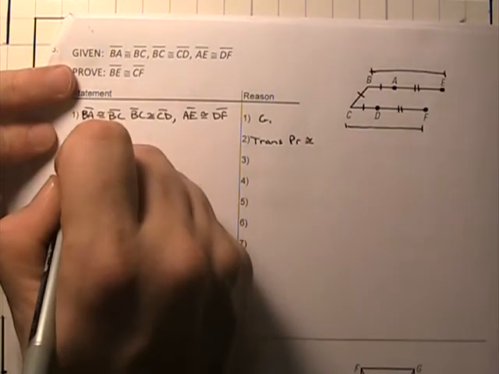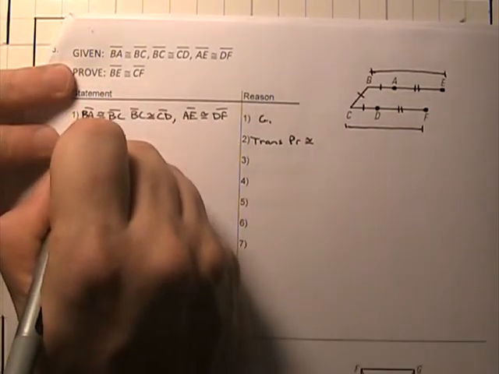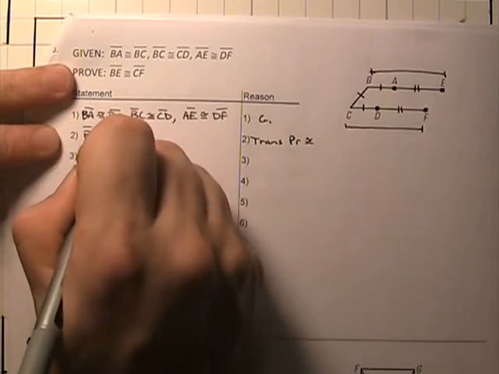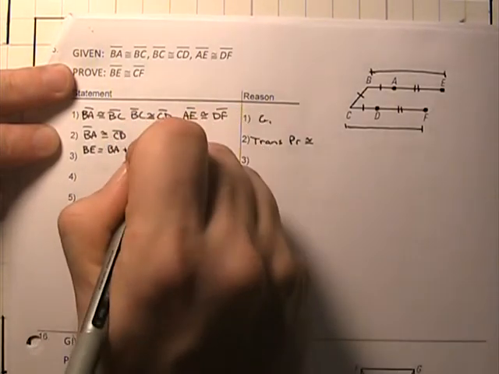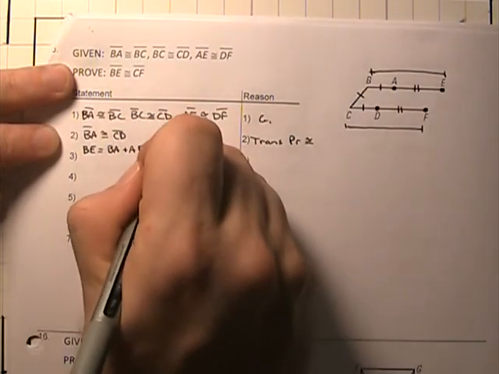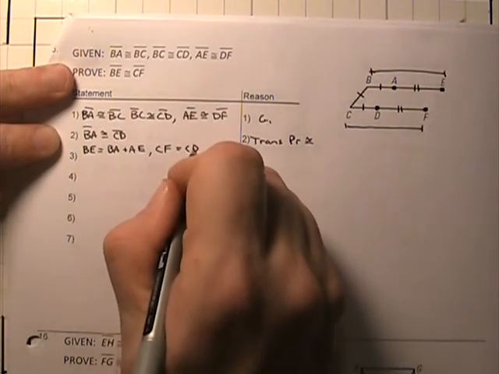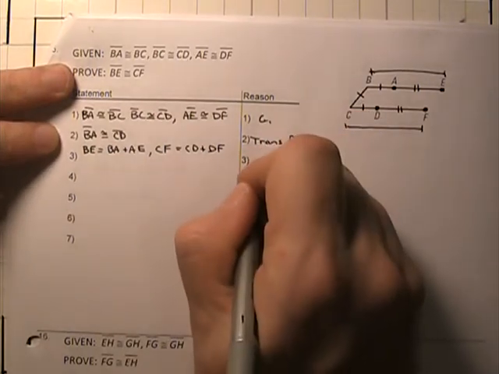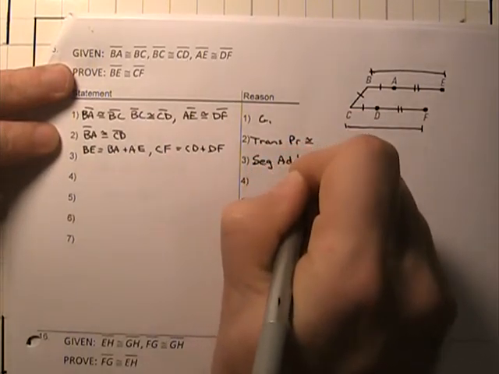And now I can show the segment addition: I know that BE is equal to BA plus AE, and CF is equal to CD plus DF. And that's the segment addition postulate.